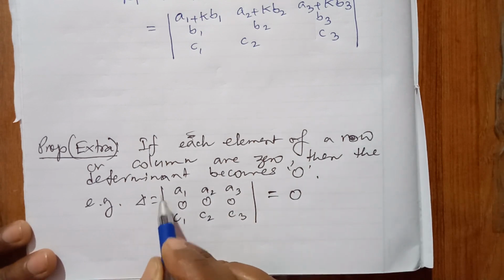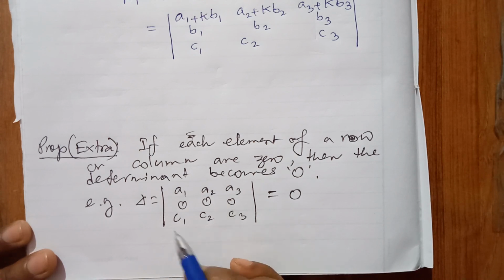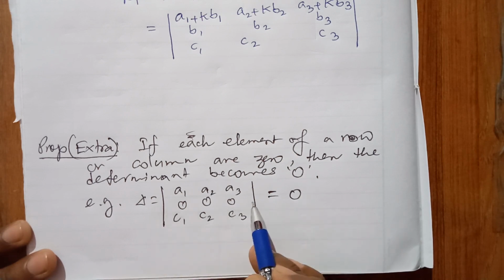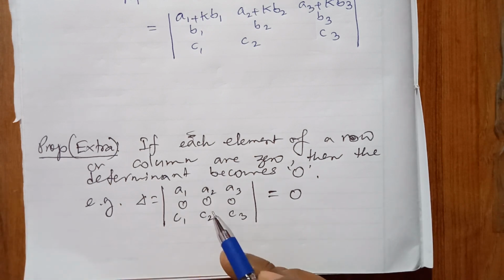So here you see in this determinant the first row is a1 a2 a3, the second row has all elements 0, and the third row is c1 c2 c3. As all the elements of the second row are 0, the value of the determinant will become 0. So this is also an important property.